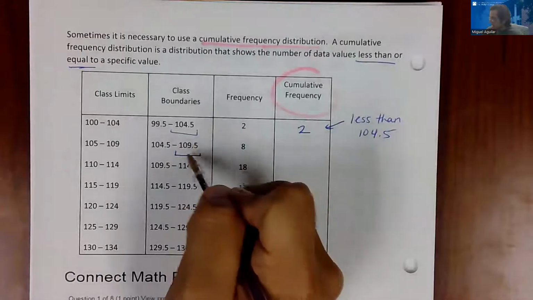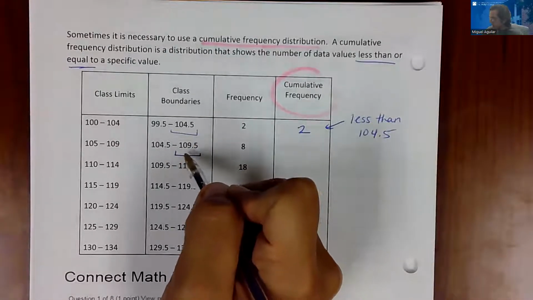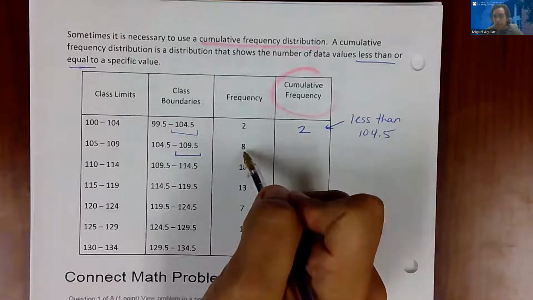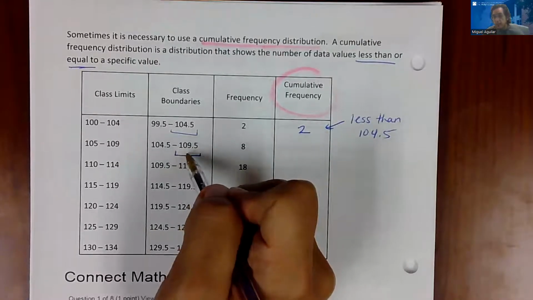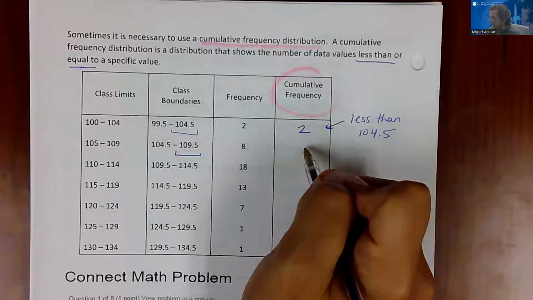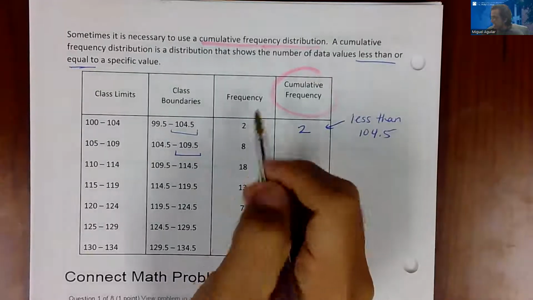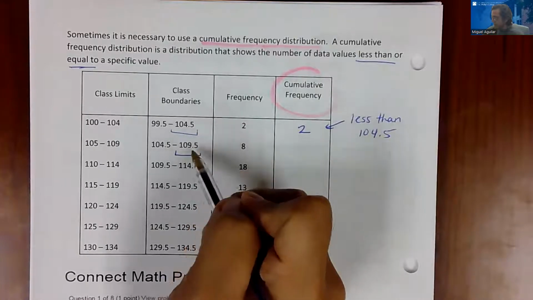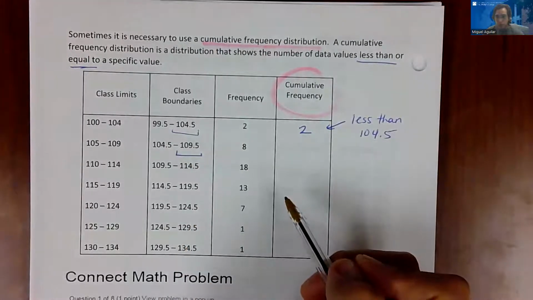If this is the upper part of our class boundary, that means that these 8 data values have to be below this number, right? You might feel tempted to just put 8 here. But these 2 data values are also below 109.5.